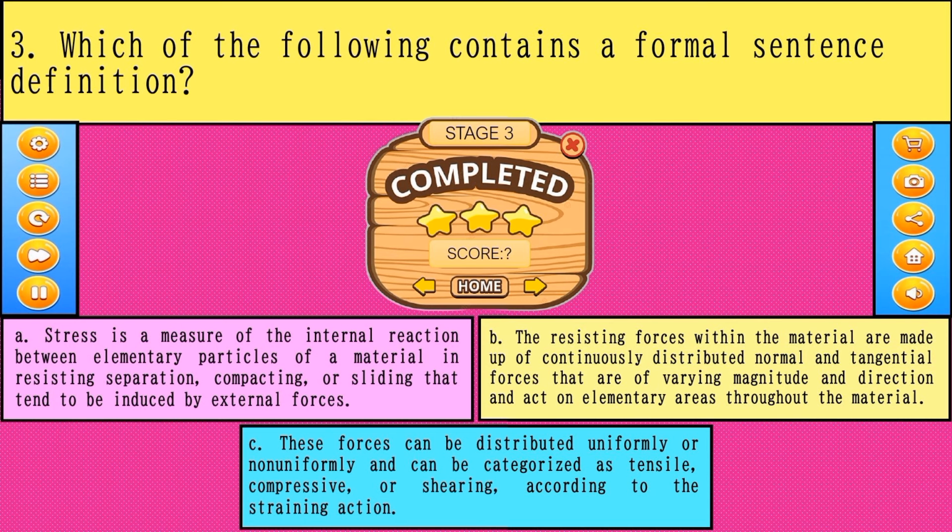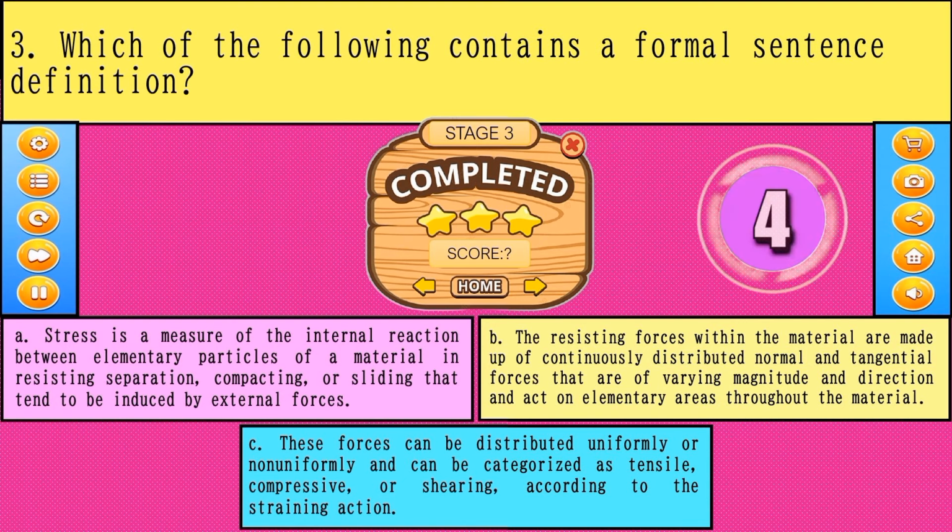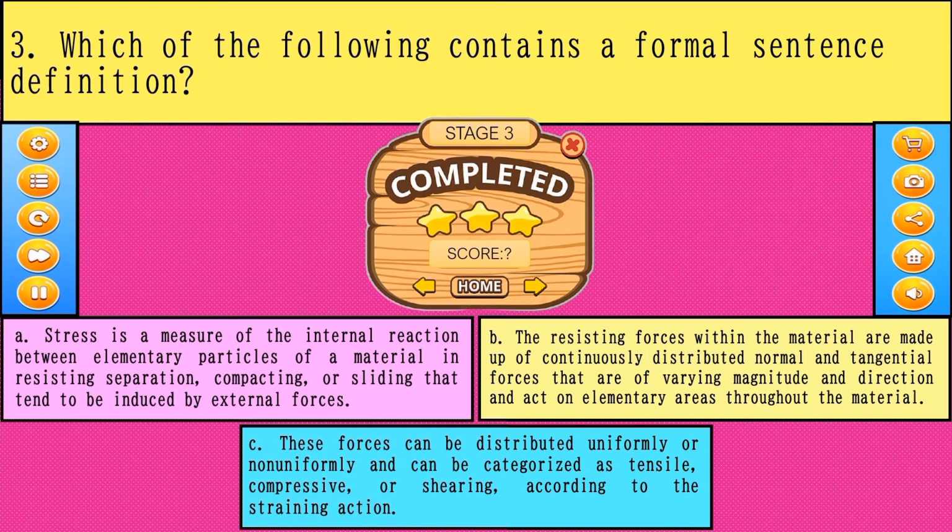Letter C. These forces can be distributed uniformly or non-uniformly and can be categorized as tensile, compressive, or shearing according to the straining action. Answer is letter A.